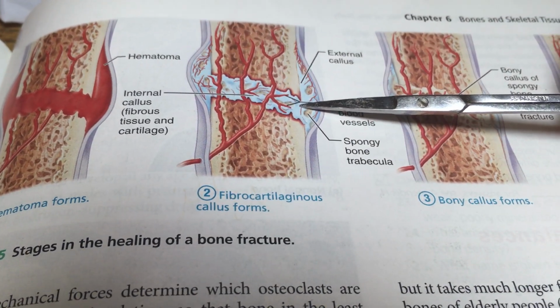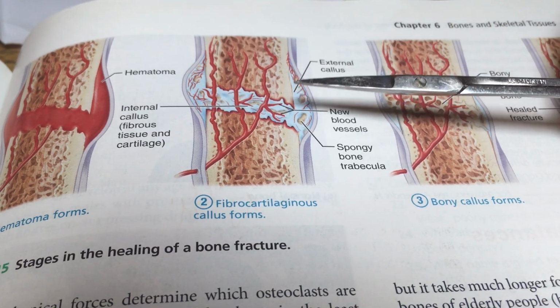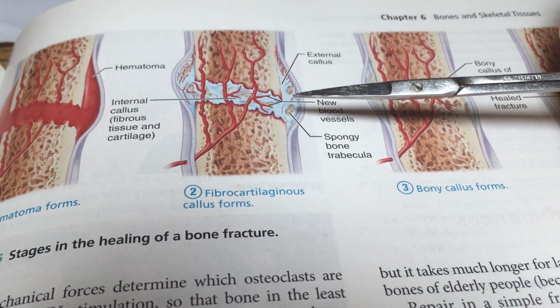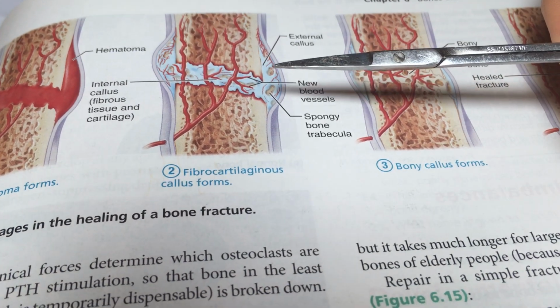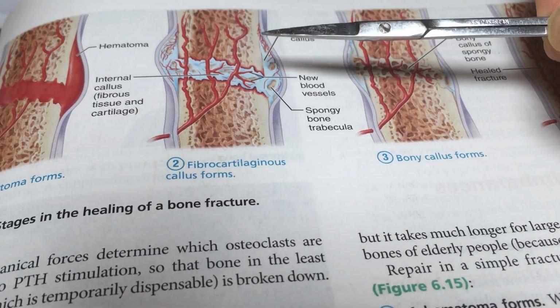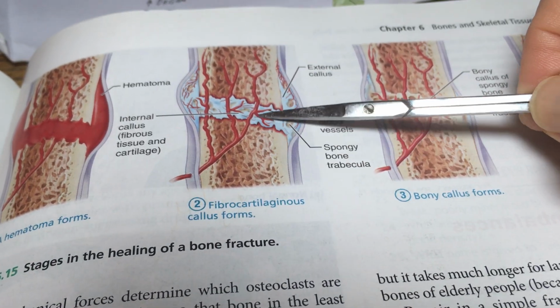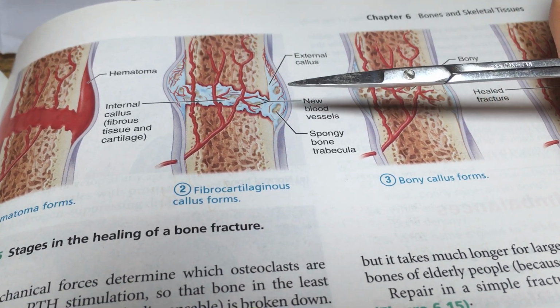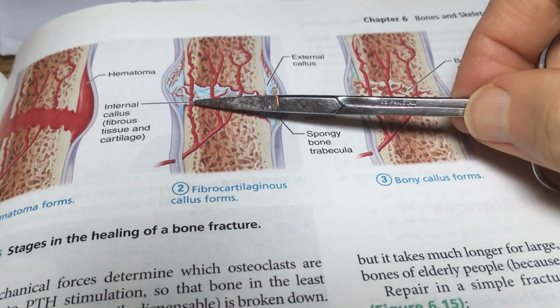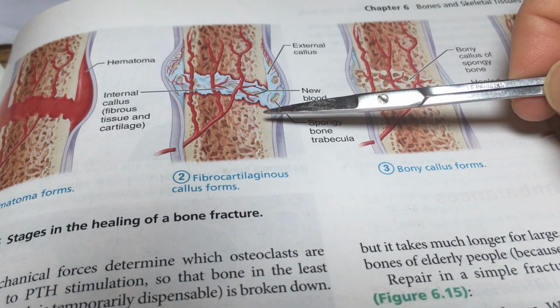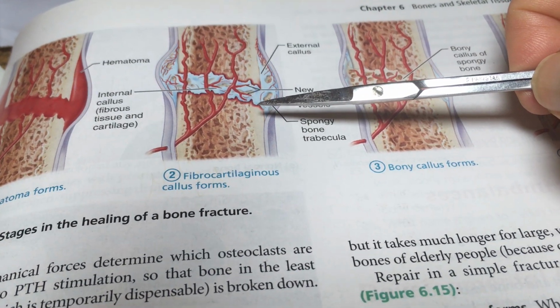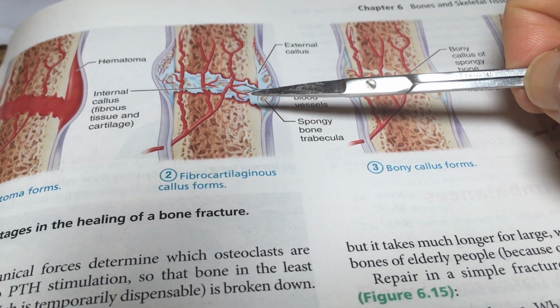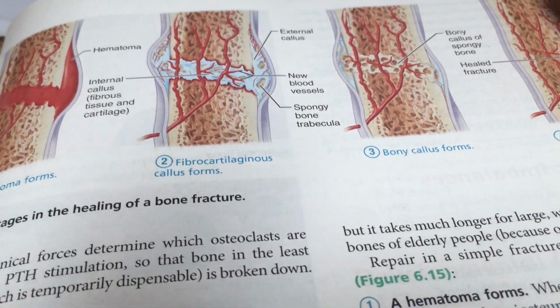Then we have hyaline cartilage, or sometimes what we call spongy bone trabecula, invading through here. Okay, and the nutrient vessels will proliferate so that they can take care of the nutrient necessities of this reprogramming situation.